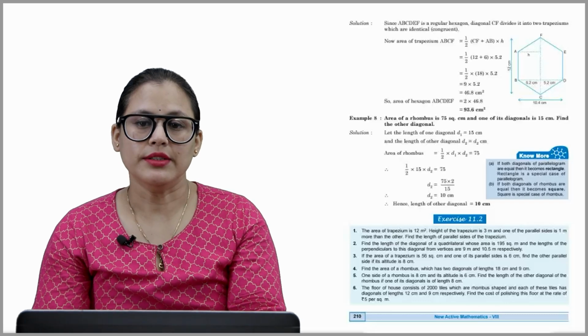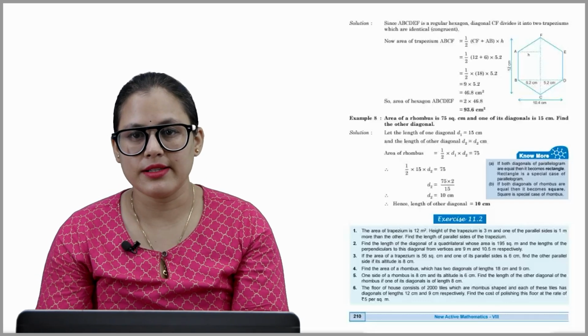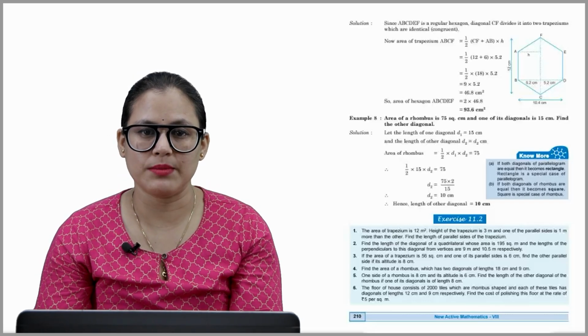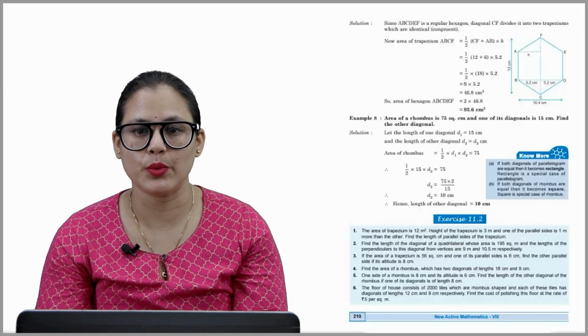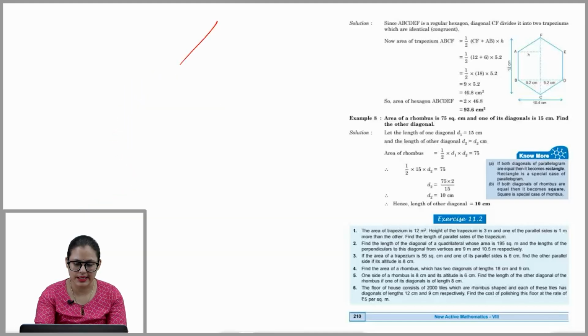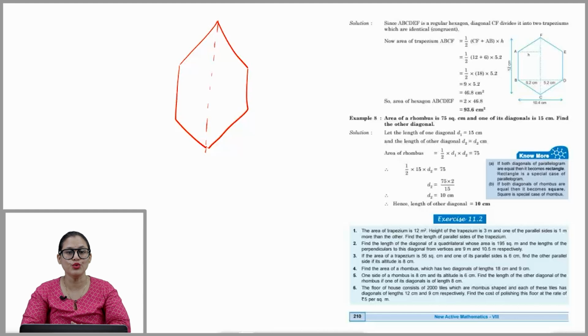Here CF divides it into two trapeziums which are identical, meaning congruent. Congruent means they are equal, so we will find only the area of one trapezium and then multiply by 2.